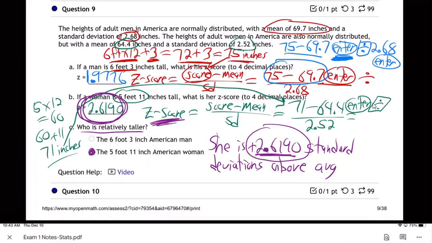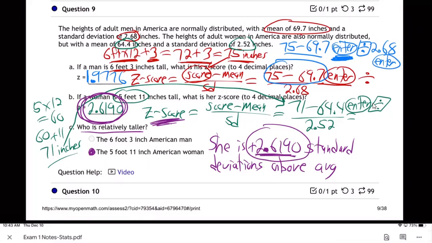She's more than 2.5 full jumps. Standard deviation is the average distance from the middle, if you remember. That's what we've been using all semester. She's more than 2.5 full standard jumps above the middle. She's way above average.